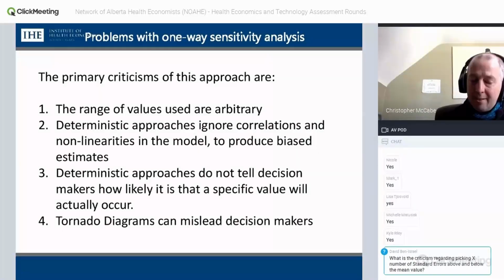Third one, I think this is really important, is these deterministic approaches do not tell decision makers how likely it is that a specific value will actually occur.